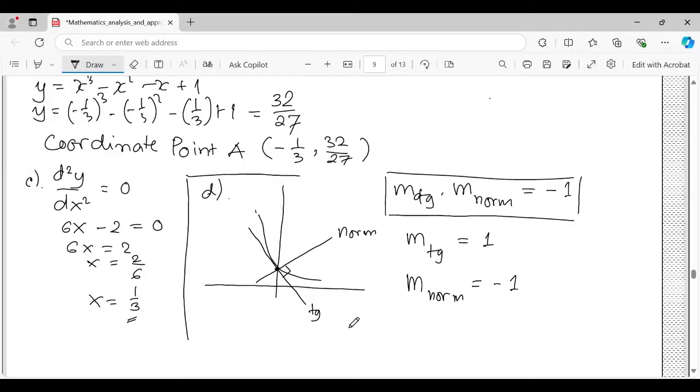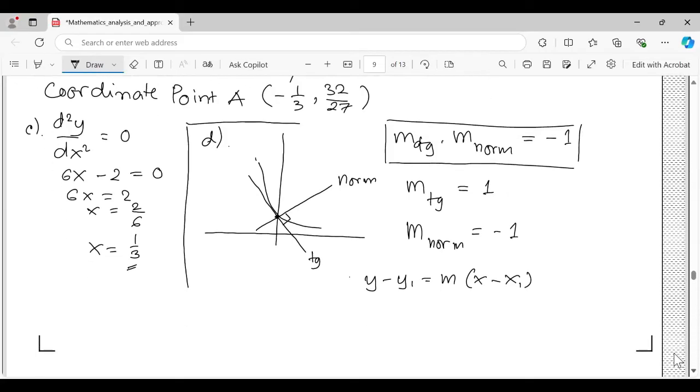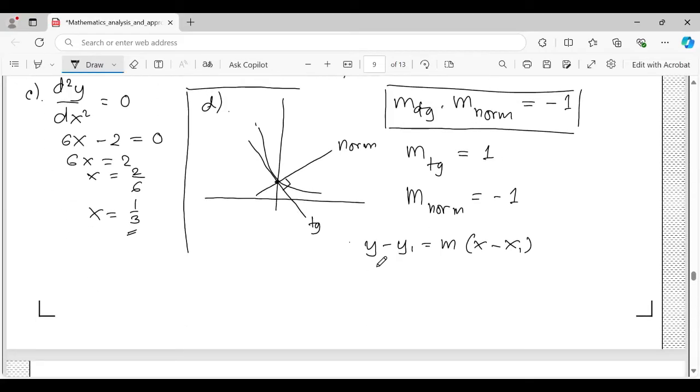And regarding the equation, y minus y1 equals m times x minus x1. And this line goes through 0, 1.